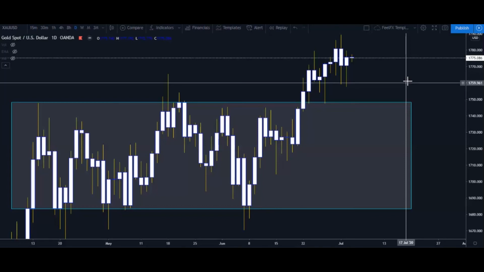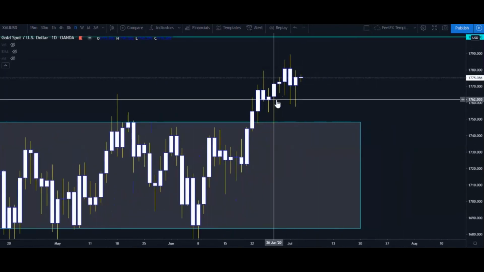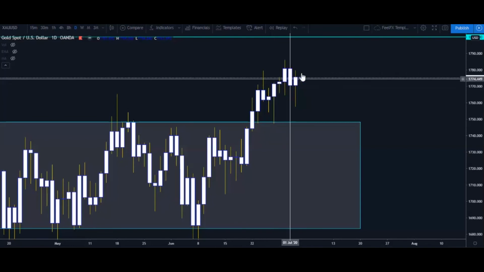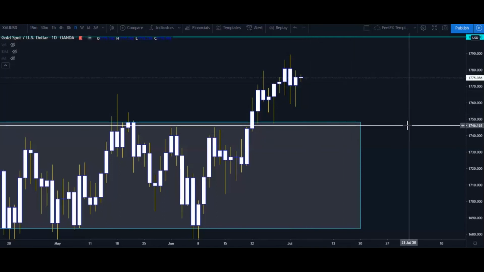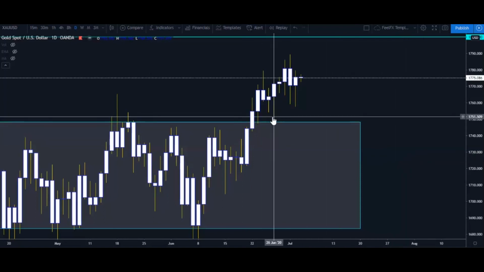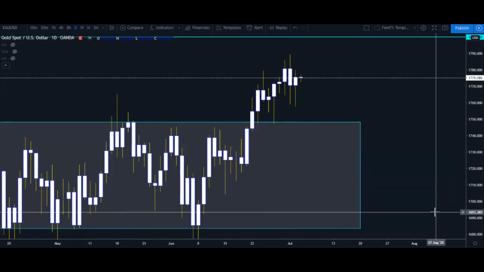So in this case, guys, what do we need to look at? From the daily perspective, we can see that we are in a make or break position now. So we either go up or we come back for another retest. From the big wicks that we have here and here, we can understand already that liquidity has got into the market and might push the price higher.